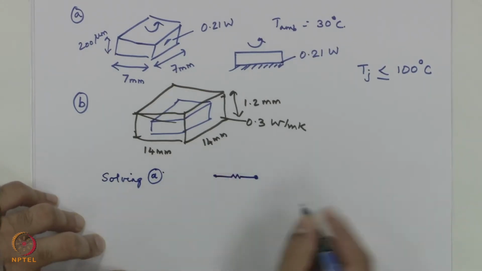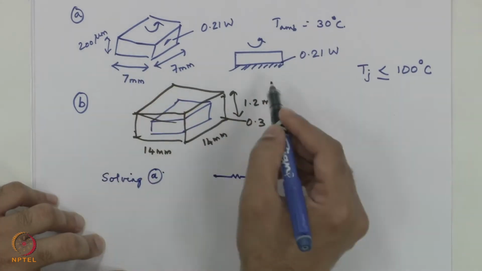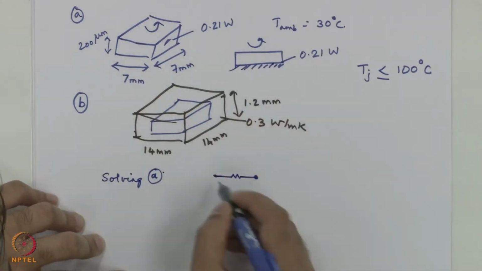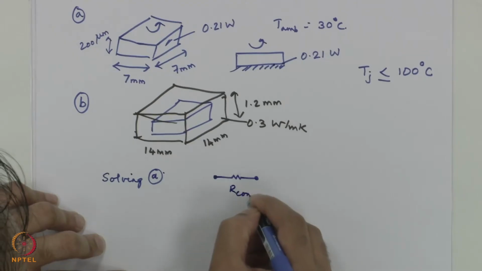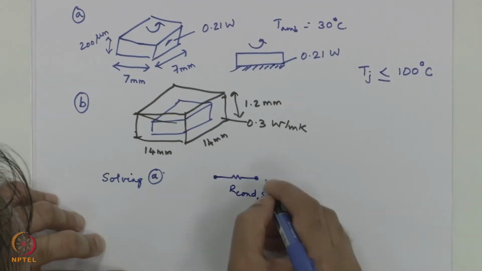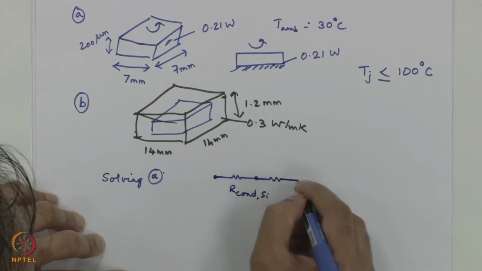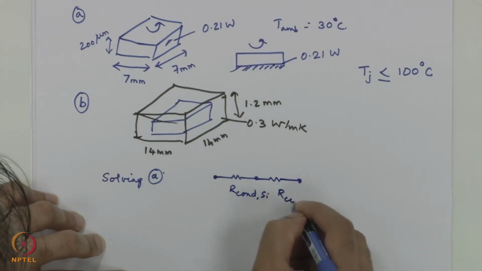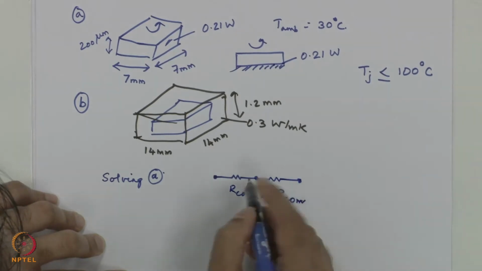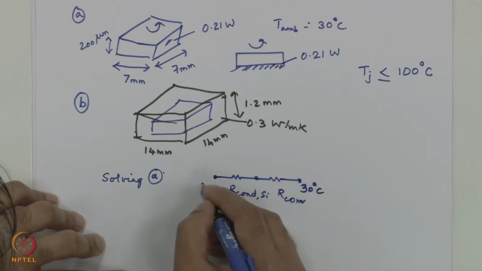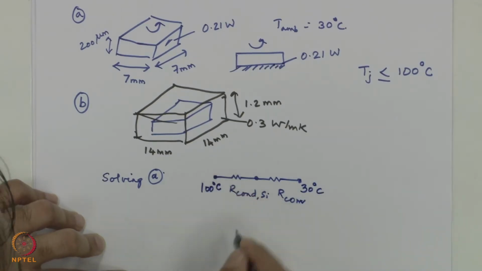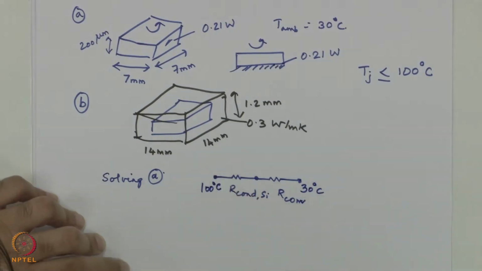There is a conduction resistance through the silicon, because heat dissipation is happening at the bottom. Then there is a resistance to convection, the natural convective resistance from here. The ambient is at 30 degrees C, and we are given that 100 degrees C is the maximum.